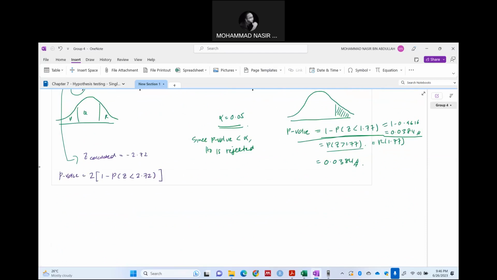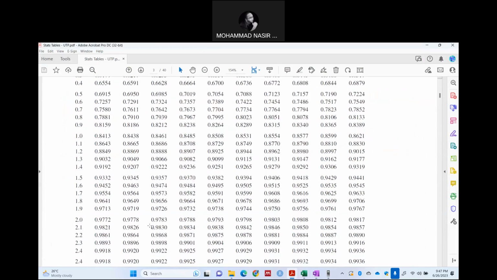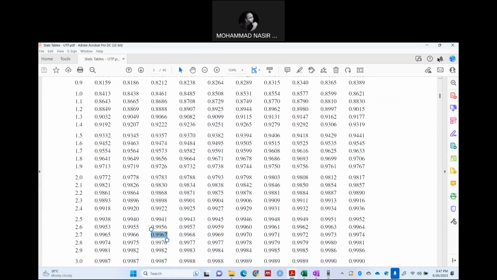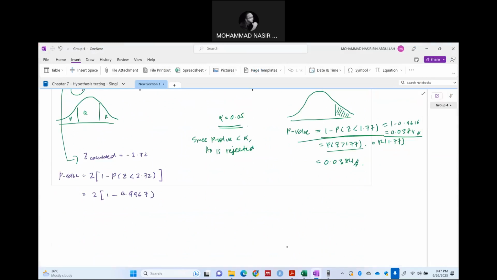We take the absolute value of the negative. So this one should be 2 multiplied by 1 minus 2.72. 2.72 should be here, 0.9967.